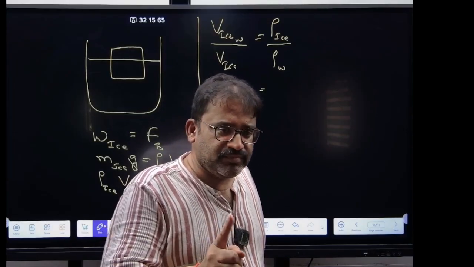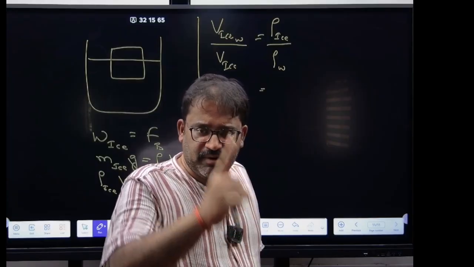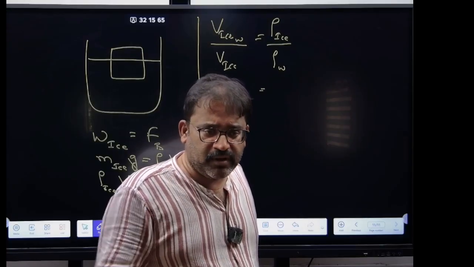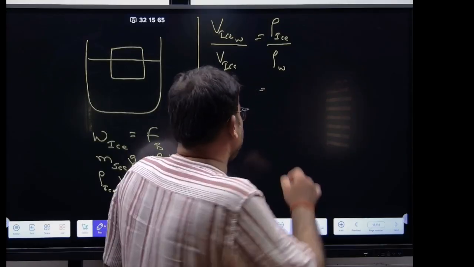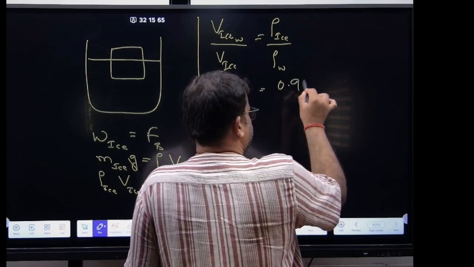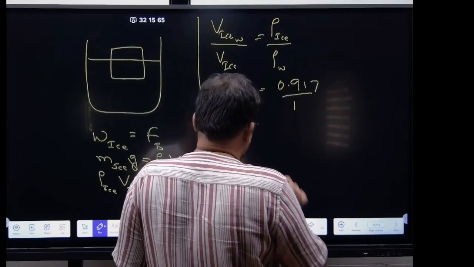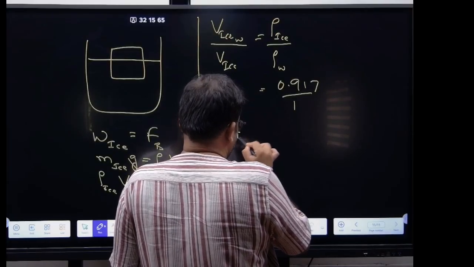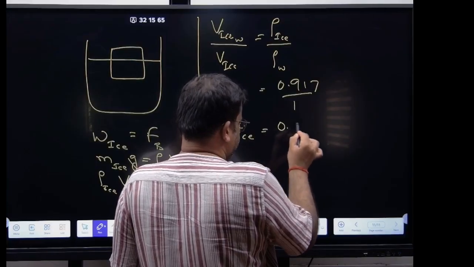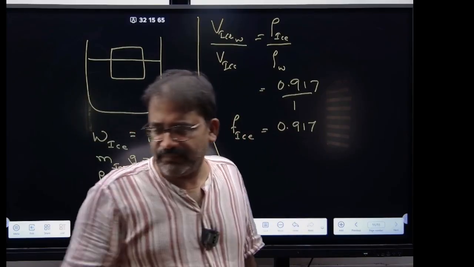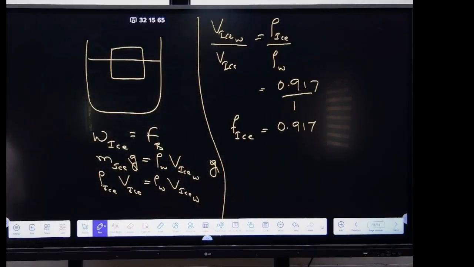So this is equal to 0.917 divided by 1. That means the fraction of ice immersed in water is 0.917 itself. So the right option is third option. Verify it. I may be wrong.